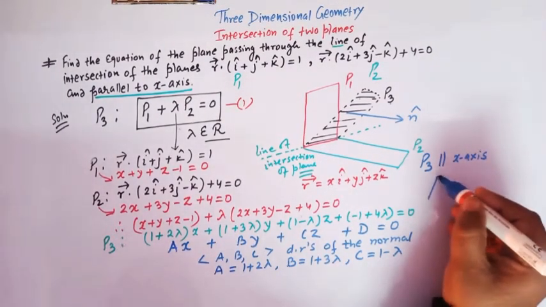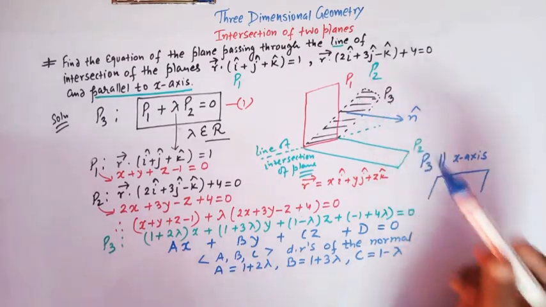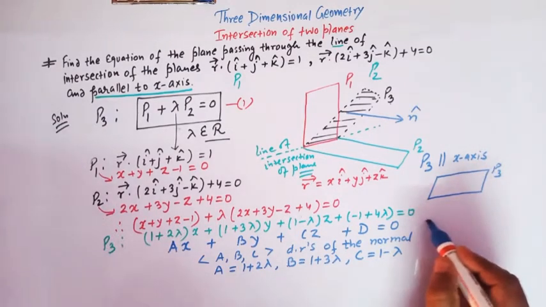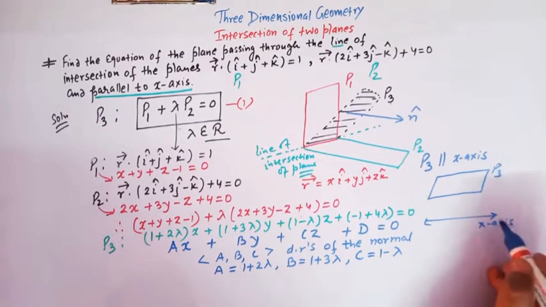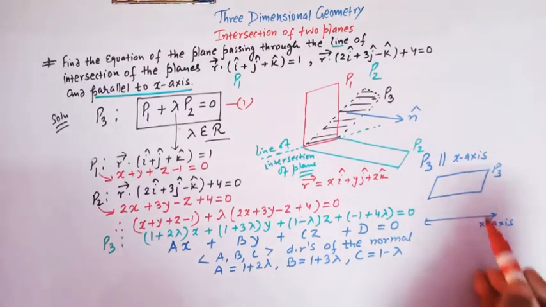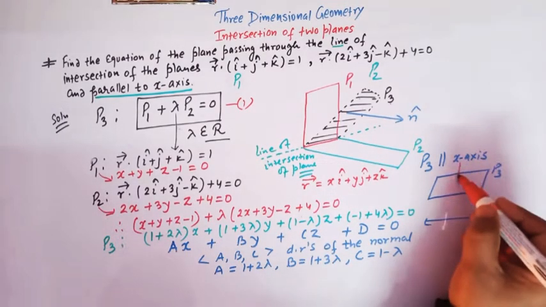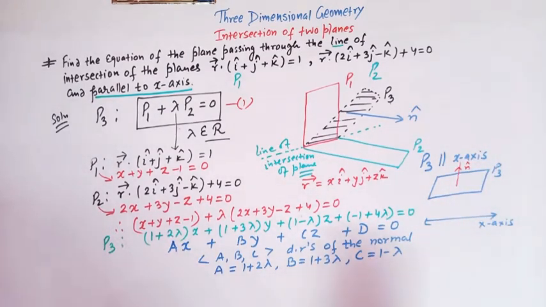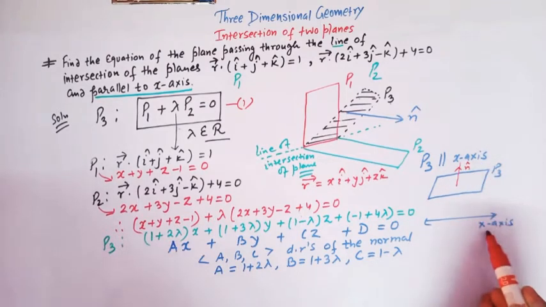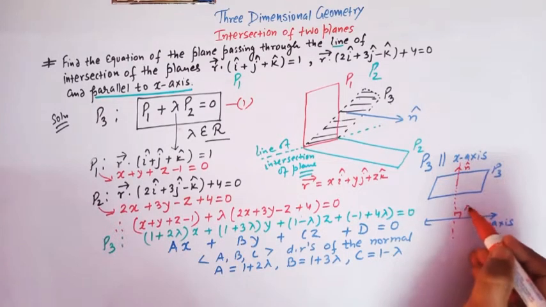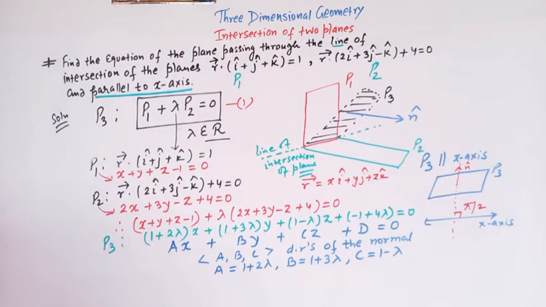See, this is the plane P3, and this plane P3 is parallel to the x-axis. This is a rough diagram, and this is the normal to the plane P3, right? So when the plane is parallel to x-axis, it means the normal is perpendicular to the x-axis, right?